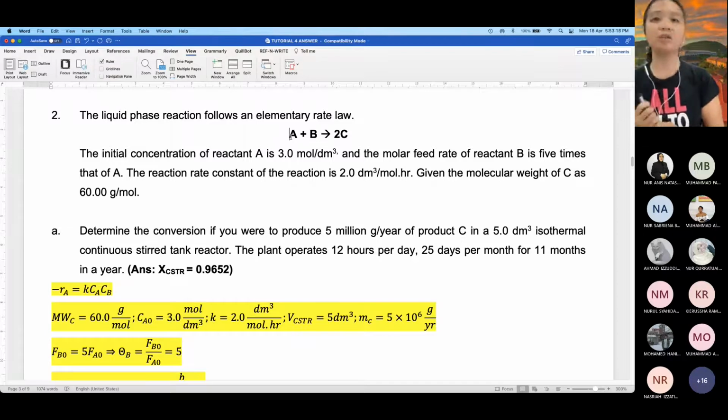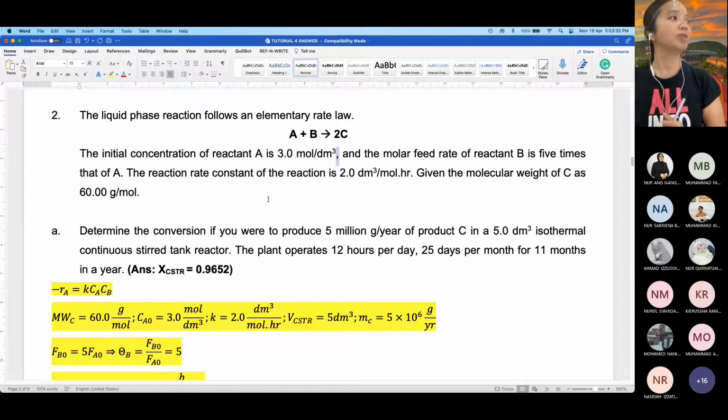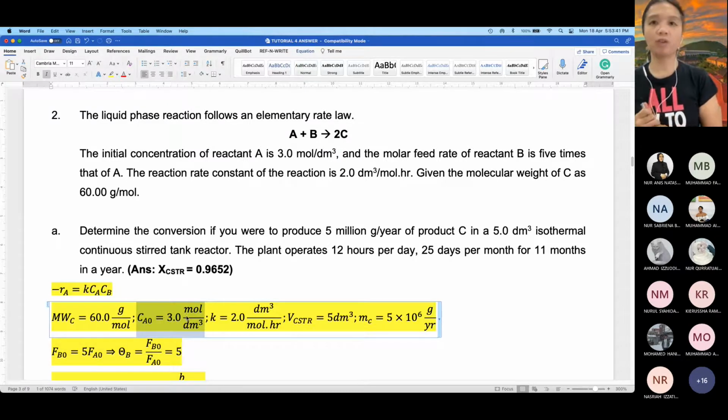So minus RA equals to K CA CB. Right, so done. Okay, so next, kamu dah derive rate law dia. Next, the initial concentration of reactant A is 3 mole per dm cube. So by now you should know, ini masuk dia CA0. So CA0 3. So kamu tulis CA0 3 mole per dm cube.